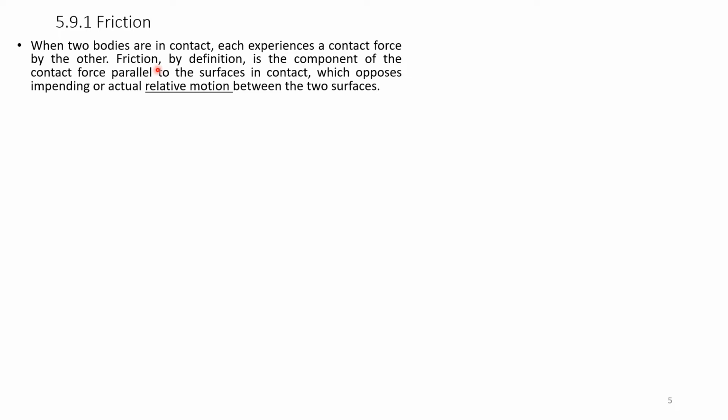Friction, by definition, is the component of contact force parallel to the surfaces in contact which opposes impending or actual relative motion between the two surfaces. The term impending motion means motion that would have taken place but does not actually take place under the applied force if friction were absent.